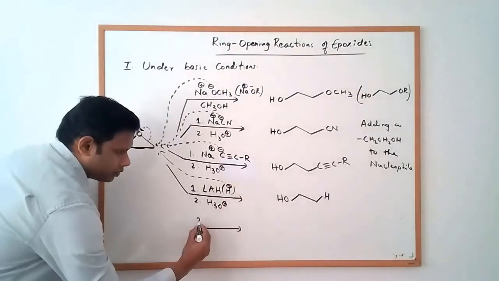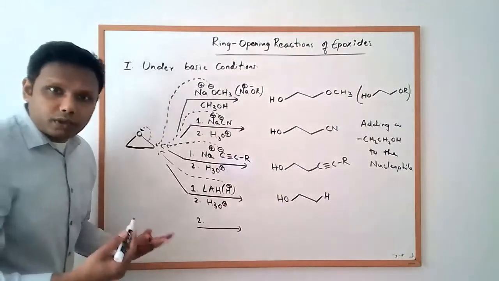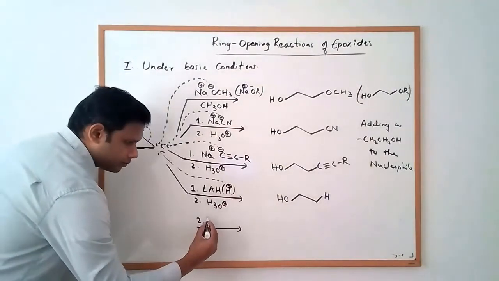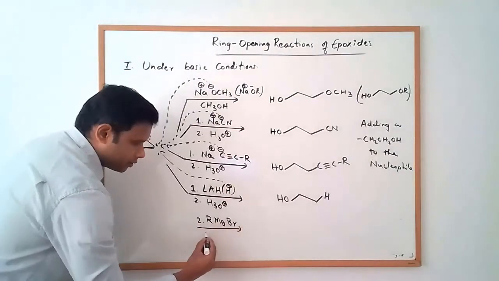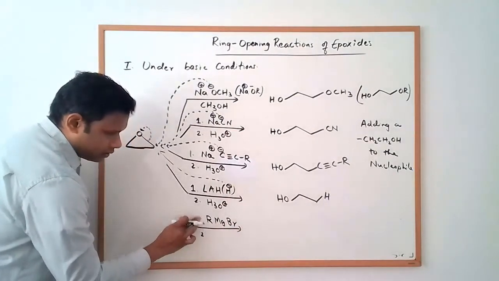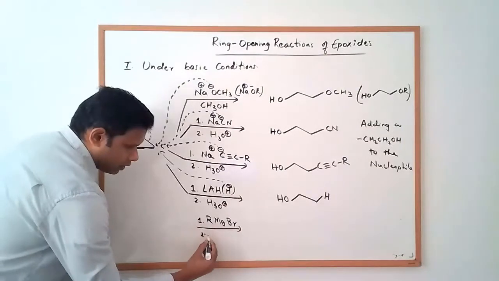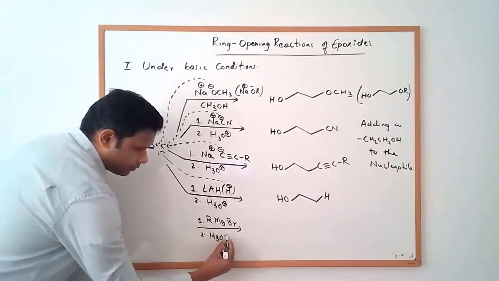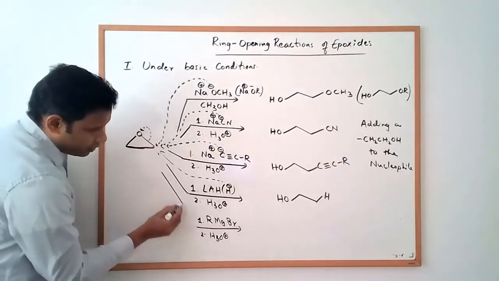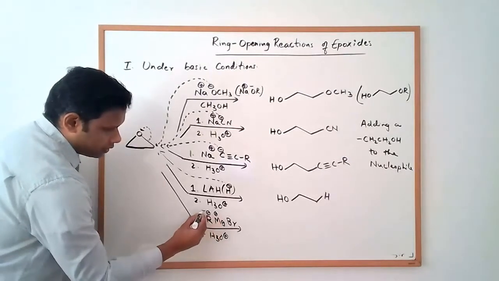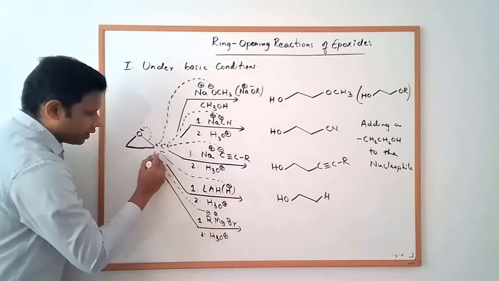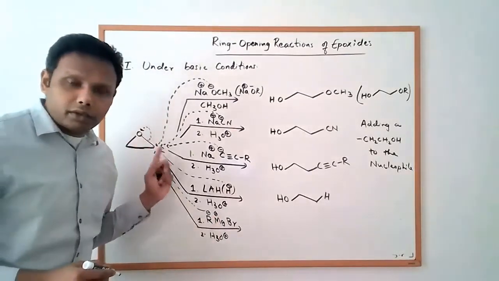Or to bring in a more recent nucleophile that we've seen would be a Grignard reagent. So you could bring in a Grignard reagent, 1 and then 2. So you can bring in a Grignard reagent. This R is a nucleophile. That R is going to go and attack that carbon, and then the ring opens up.